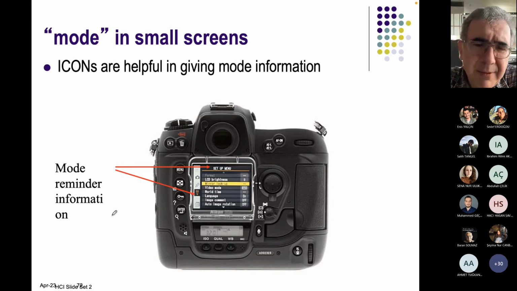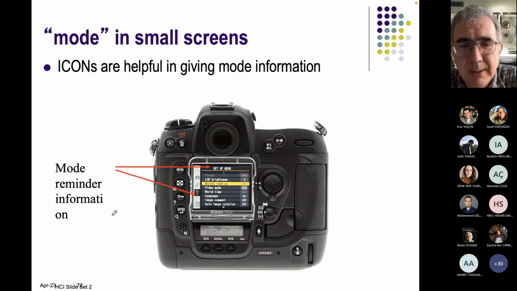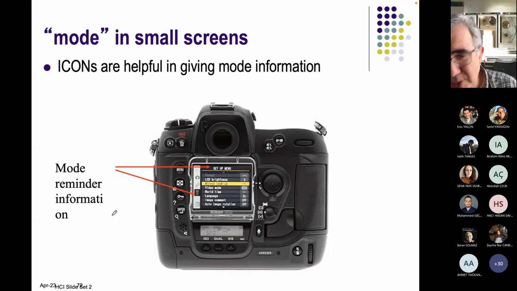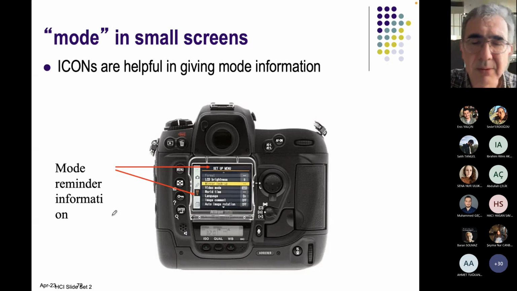Therefore, when you are using the application, the correct mode is always present so that you know where you are. Using the interface, you look somewhere else, and you may forget which mode you were in.